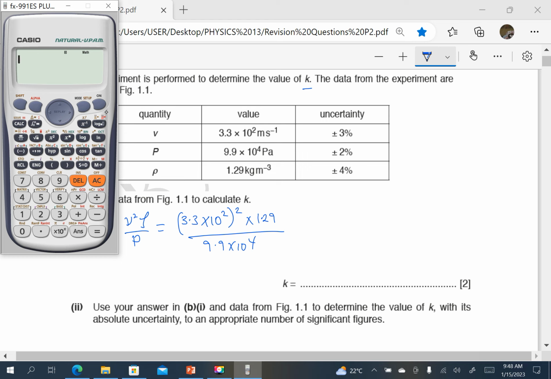So I have 3.3 times 10 power 2, that is 3.3 times 100, squared, then times 1.29 divided by 9.9, where is exponent 4.